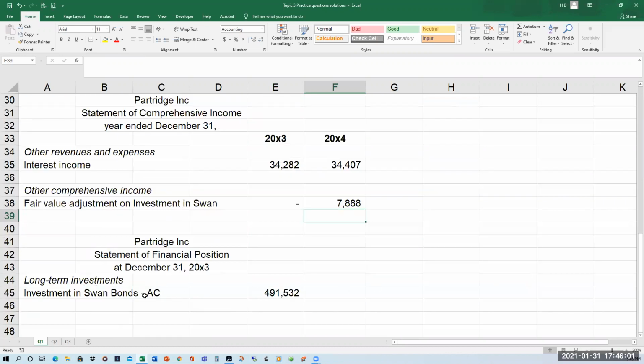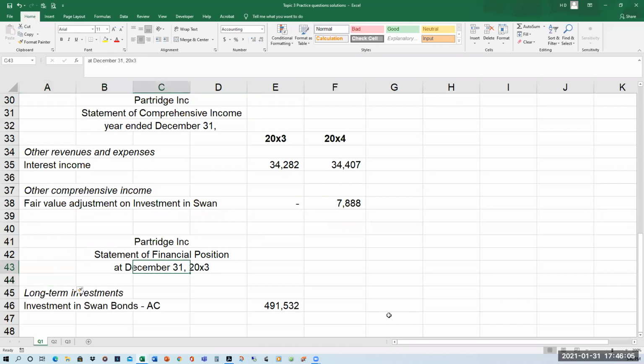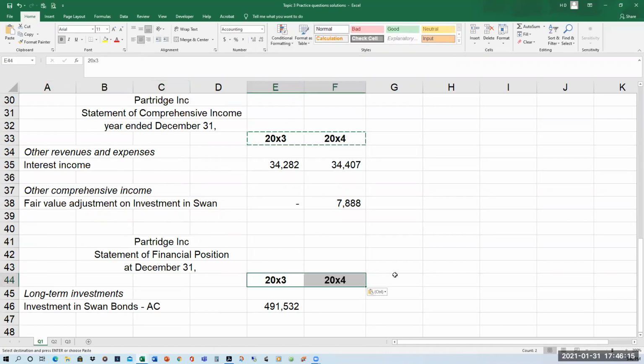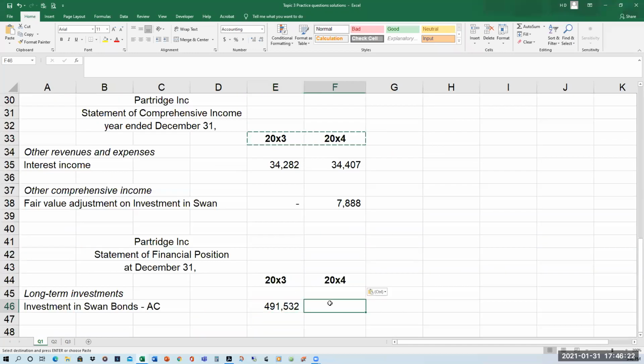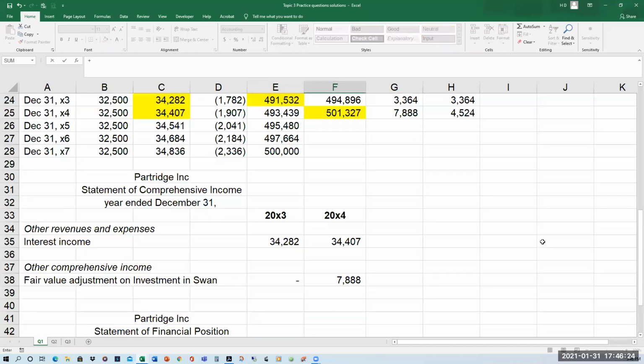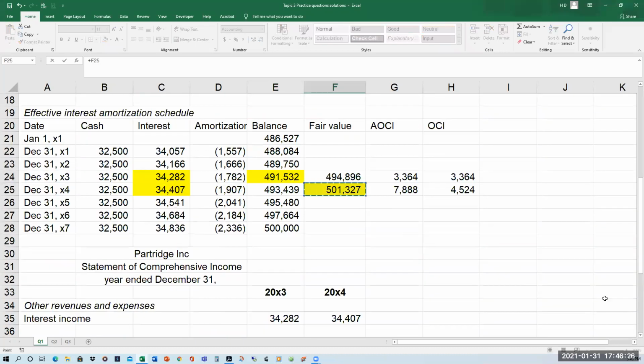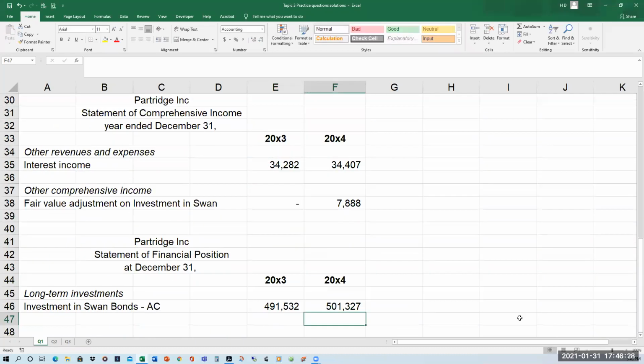As far as the balance sheet goes, if we did a similar thing, if you wanted to make a comparative balance sheet, as of year 3, the amount that we reported was the amortized cost of 491,532. But in year 4, we report fair value at the end of the year, and that's 501,327.